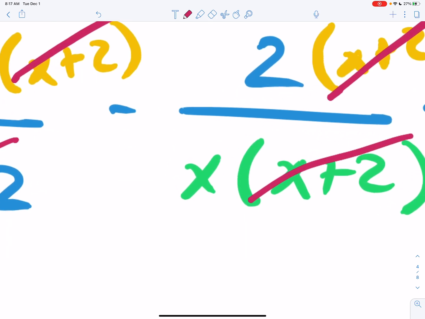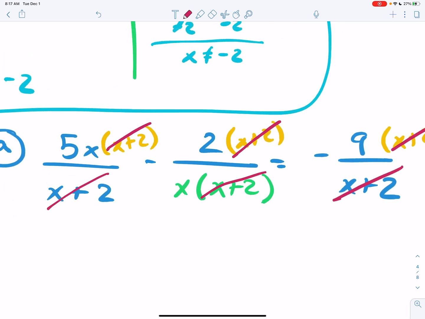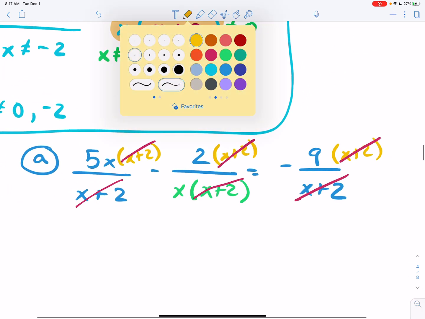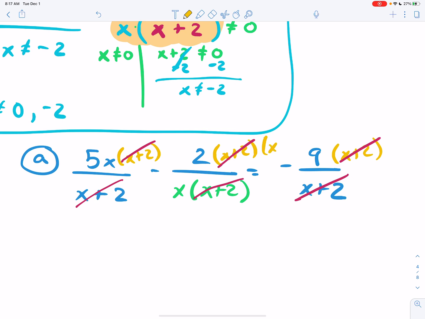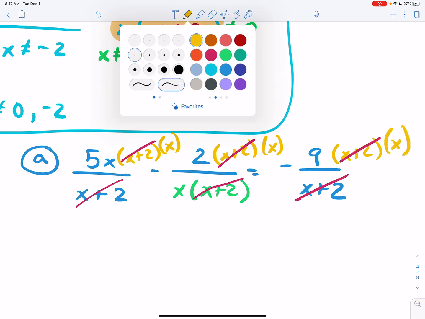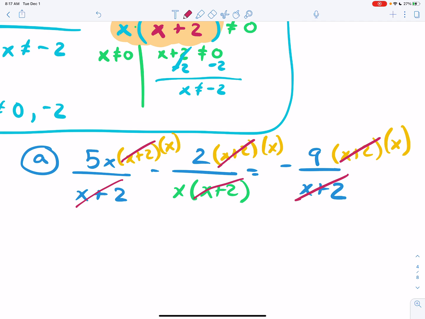But notice there's still an x left at the bottom. So how do we get rid of that? We have to multiply by an x there. But if I multiply it there, I'm going to have to multiply it here. And I'm going to have to multiply it here. If you have an x at the top and the bottom, you could cancel those out. So now I got rid of all of my denominators. Okay? It looks different, but we'll practice a lot, okay?